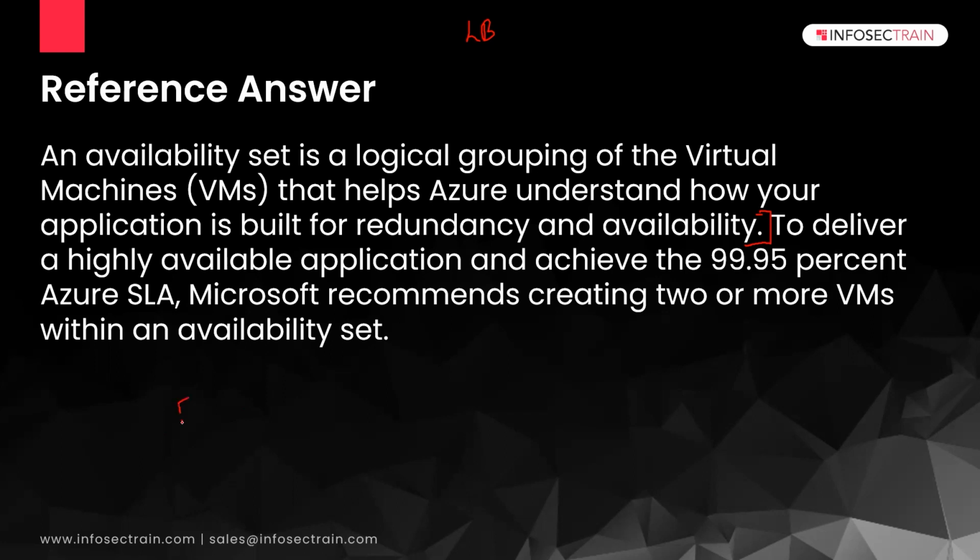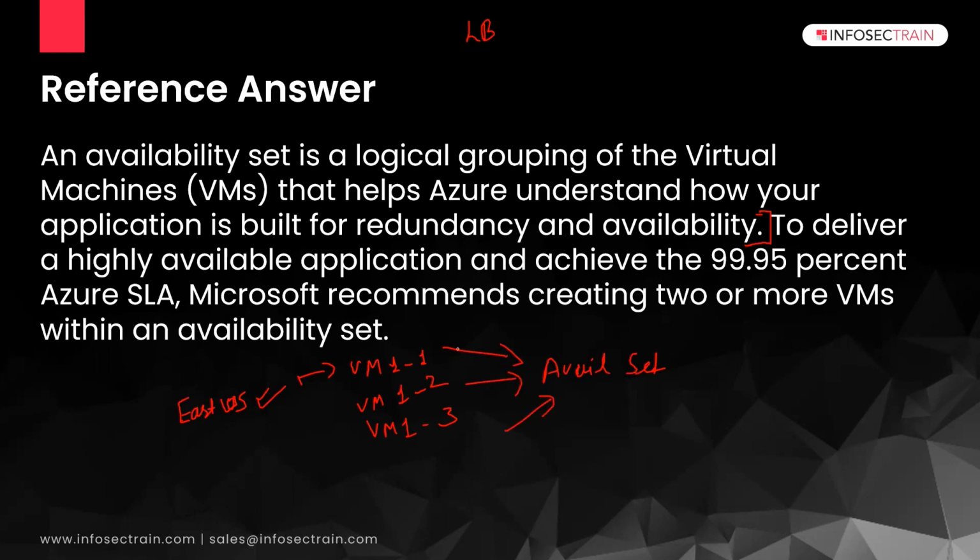Like I'm launching one availability set in East US. So in East US I am launching this one, and I will make my VMs, VM1_1, VM1_2, VM1_3, part of it. All these I will be creating in an availability set, and I will be making these machines part of this.